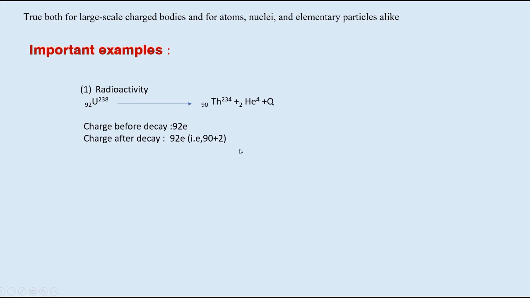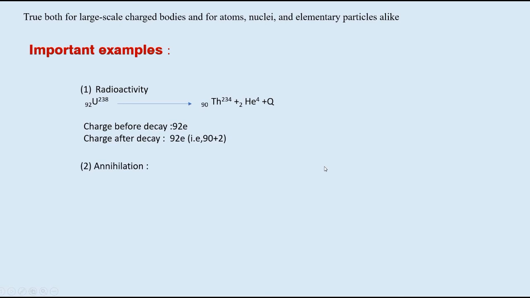The lower numbers indicate charge. Of course, all the charges are positive. So 90 plus 2, 92. Before the decay, 92 in terms of the charge on the electron, considered numerically. After decay also 92 times e. Have you understood? This is strictly in accordance with law of conservation of charge.